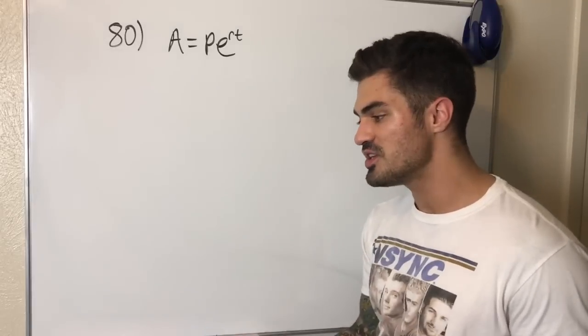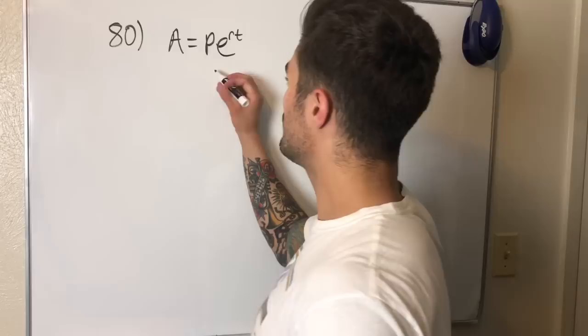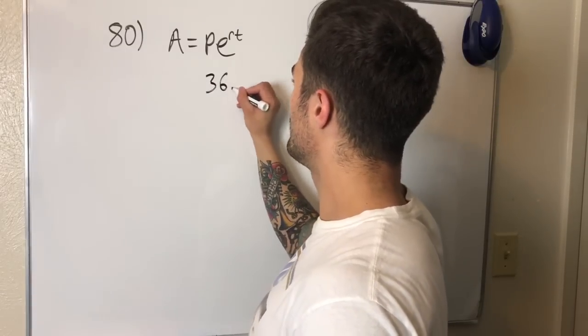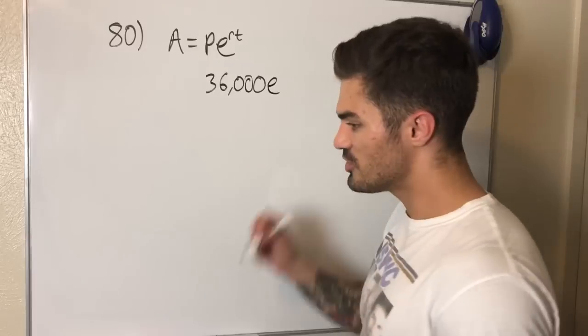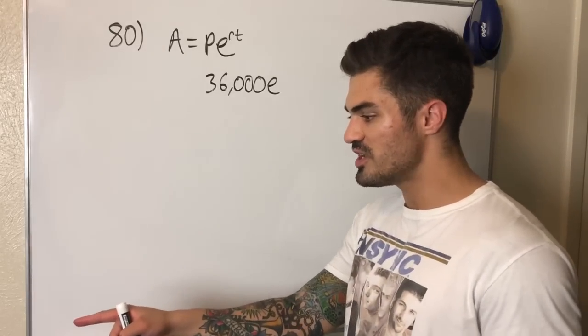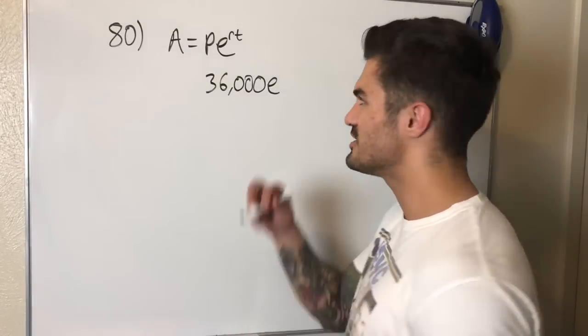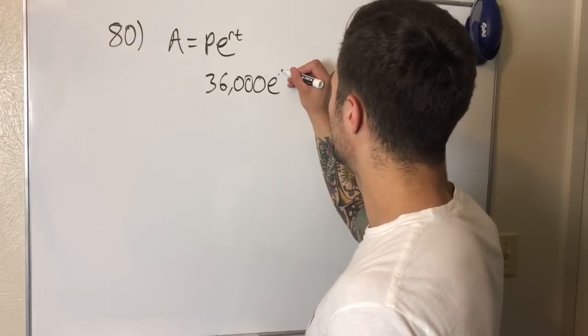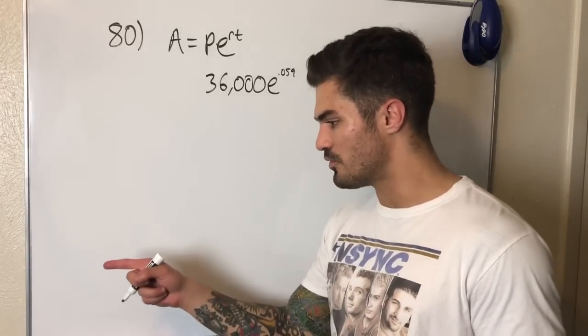So we're given $36,000. That's what is invested. That's our P, all right? So $36,000, that's our P. That's the amount invested. e is just a number. What is our r? 5.9%, so that's written as 0.059, right? You always write the percent as a decimal, 0.059. All right, and does it give us a t, or is that what we're solving for?